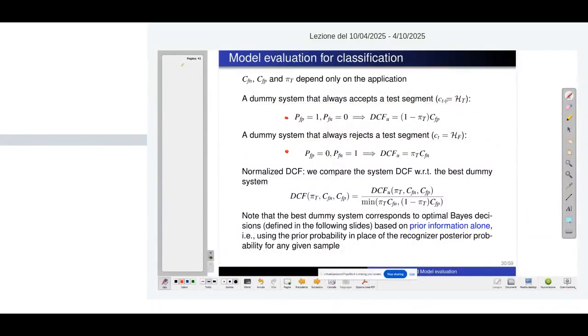Well, in the first case, every prediction is true. So what does it mean? The probability of a false negative is 0. I never predict negative, so all samples of the true class will be correctly classified. On the other hand, all the samples of the false class will be labeled as true. So for the false class, the false positive rate is 1.